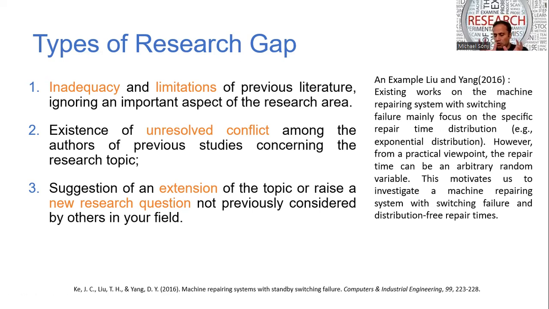That means the previous studies have concentrated on specific repair times. These repair times could be exponential, Weibull, and so on. However, they argue that from a practical perspective, the repair time can be arbitrary and could be a random variable.